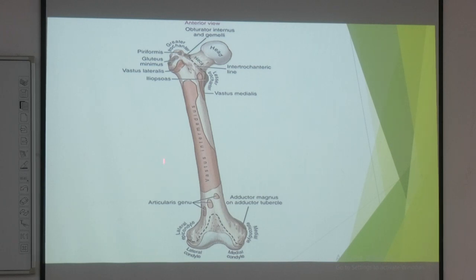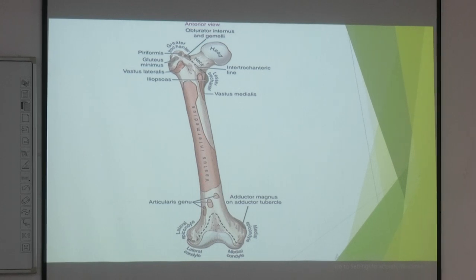The majority of the anterior surface is attached to a muscle called vastus. There are three vasti, and the middle one is the vastus intermedius. The vastus intermedius is attached on the anterior surface of the femoral shaft, which is easy. That's the thing you have to know.